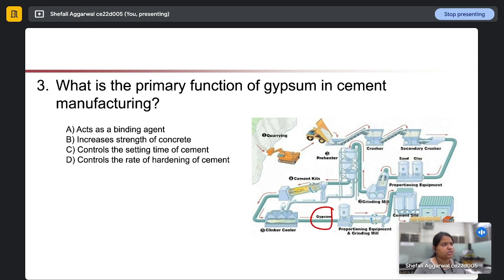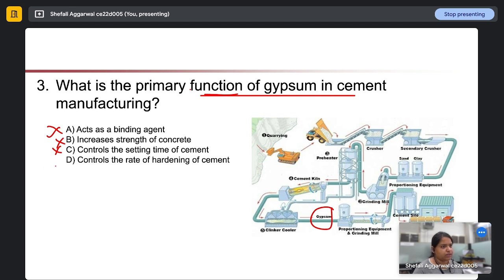So what exactly is the function of this gypsum? Why are we adding it at this point? See, does it act as a binding agent? No, the clinker is already formed. Strength of concrete? No, we are adding it in the manufacturing process of cement, so it cannot affect the properties of our concrete. Control the setting time of cement? No, because no water is added at this point. Control the rate of hardening of cement?